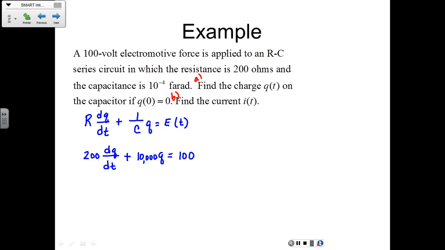You don't want your constant on your derivative, so you're going to divide through by 200. 10,000 divided by 200 is 50. 100 divided by 200 is 1/2.